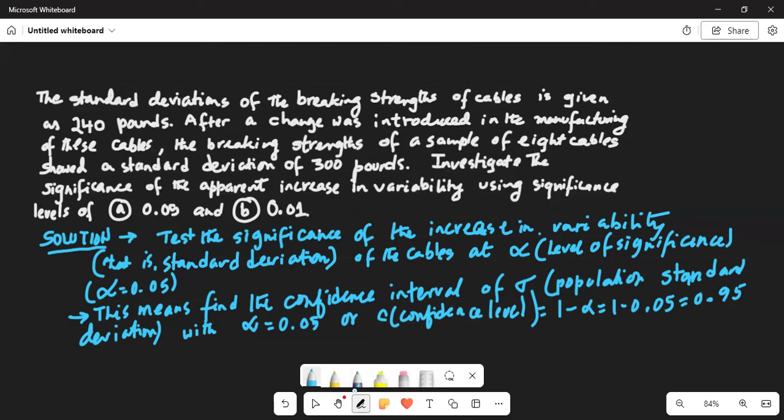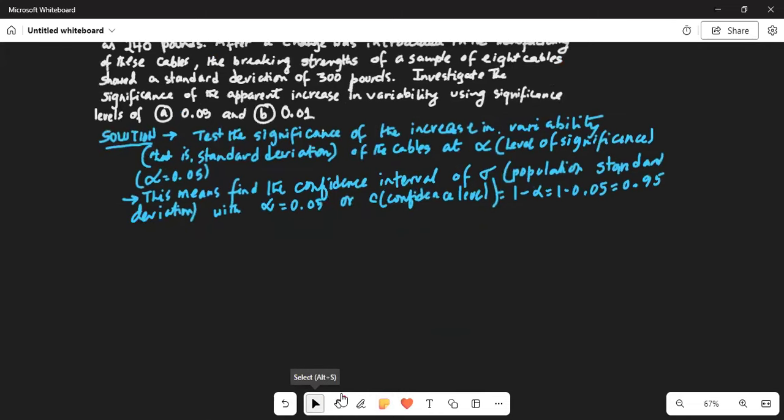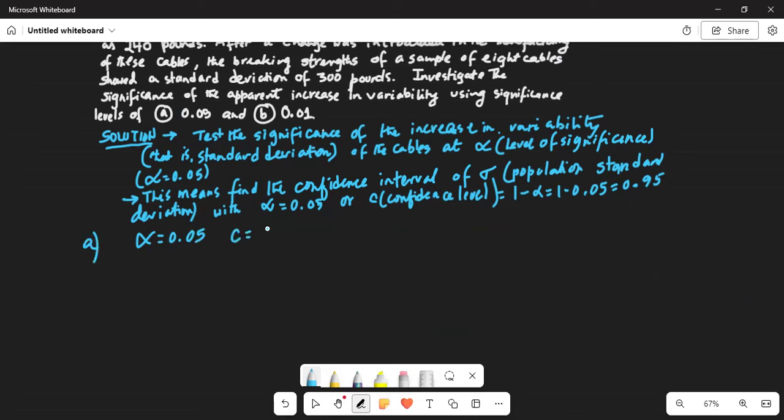So I'll move this a little bit up and create some space. Alpha is equal to 0.05. I'm doing part A first. That means C is equal to 1 minus alpha, which is 0.95.